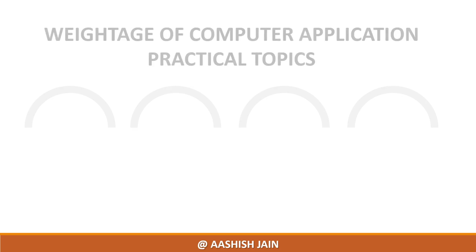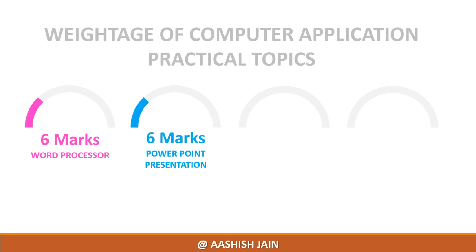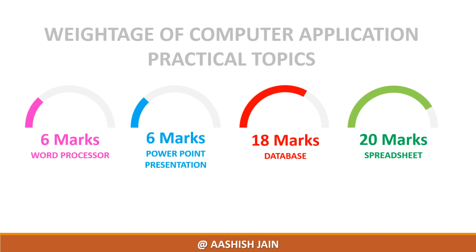What is the weightage of computer application for practical topics? 6 marks for word processor, 6 marks for PowerPoint presentation, 18 marks for database that we usually do in MS Access, and last 20 marks for spreadsheet that we do in MS Excel. Okay, so today we are going to start MS Access.